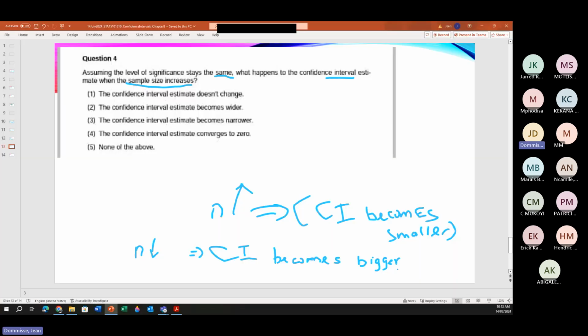Okay, so the confidence interval estimate becomes narrower as the sample increases.